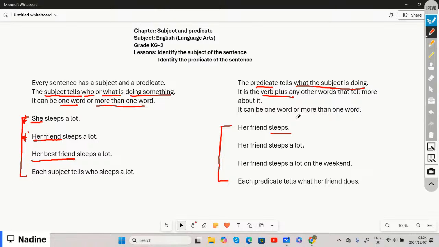And if we look at the next one, it says her friend sleeps a lot.